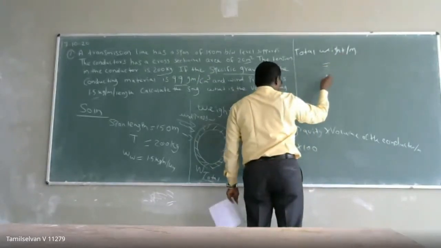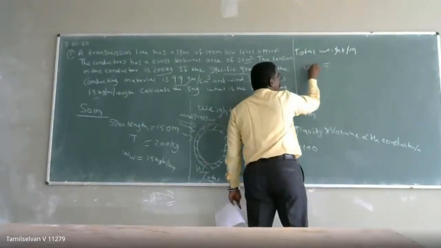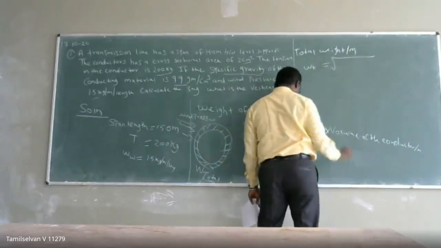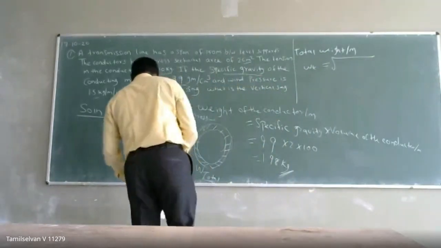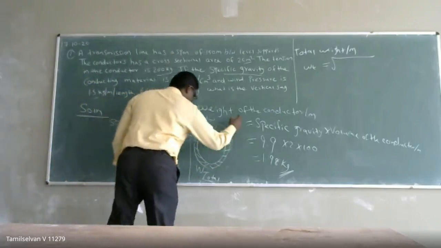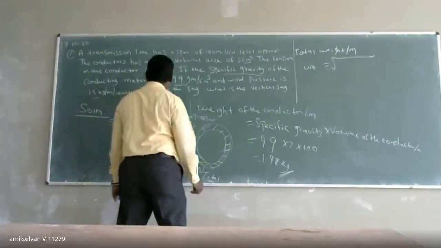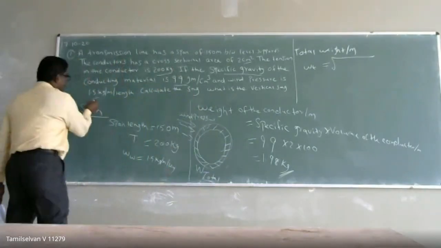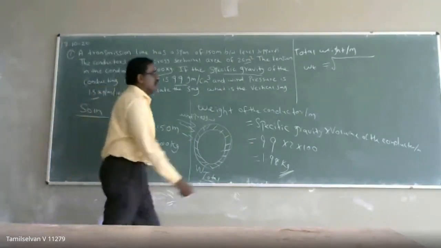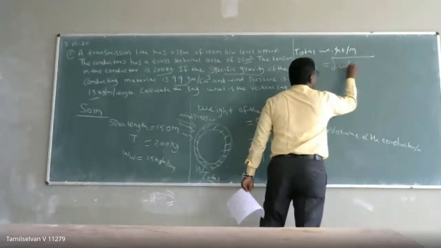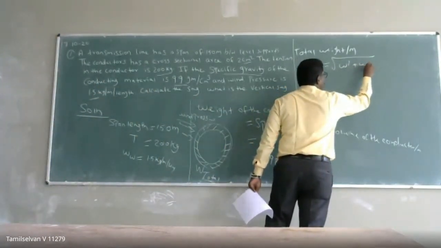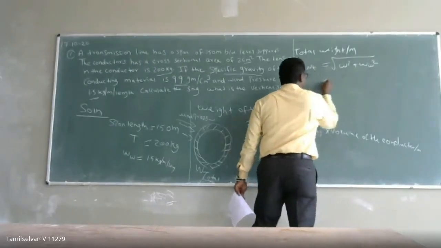The total weight is going to be the square root of the weight of the conductor W squared plus the wind pressure W_w squared.